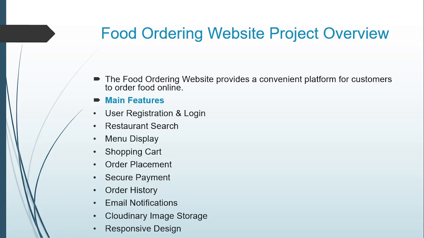The application also allows users to update quantities, remove items, and proceed to checkout. For online payments, Stripe payment integration is used. Cloudinary is used for image storage and optimization, while Mailtrap is used for email notification. Overall, the project provides a user-friendly and responsive food ordering platform.